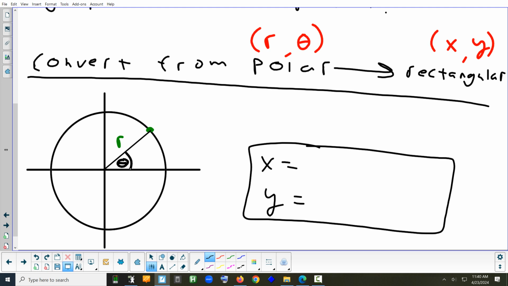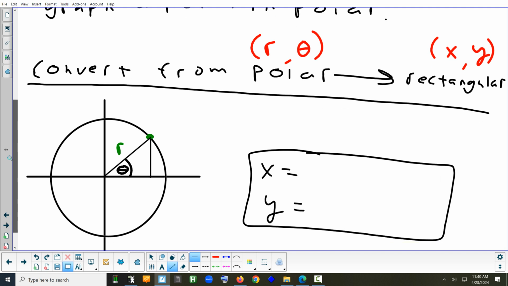So what shape do you think we're going to make out of that? Triangle. Yep, we're going to make a triangle. And now that I've drawn that, what part of the triangle represents how far to the right I go? It's x, and where is that on the triangle? Bottom. Yeah, it's the bottom, it's the base.